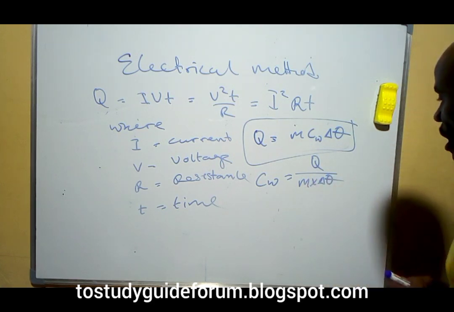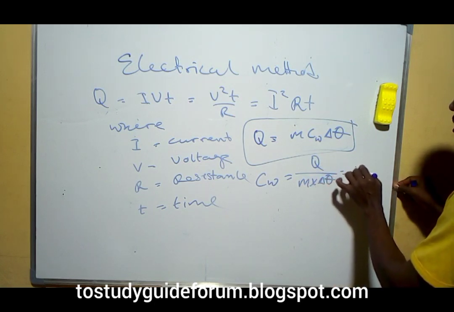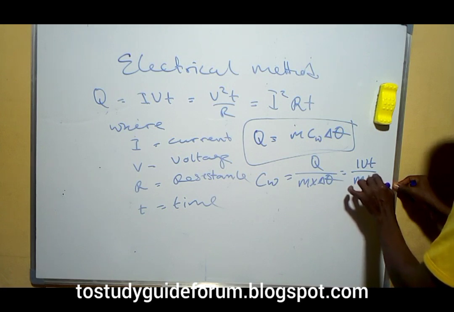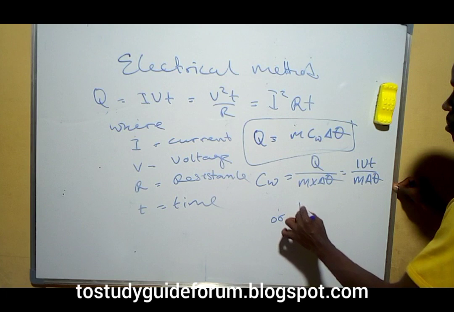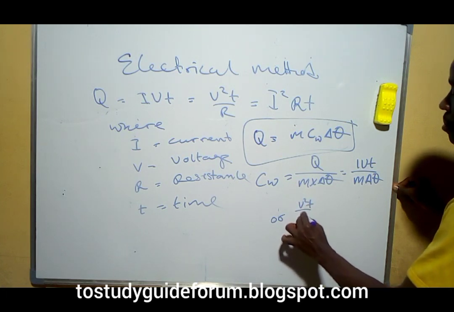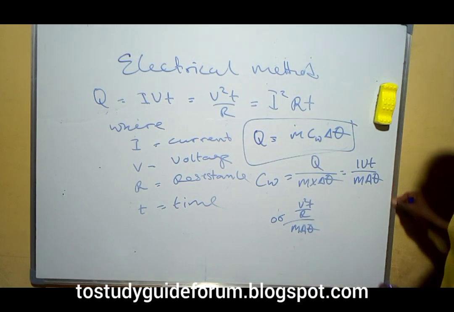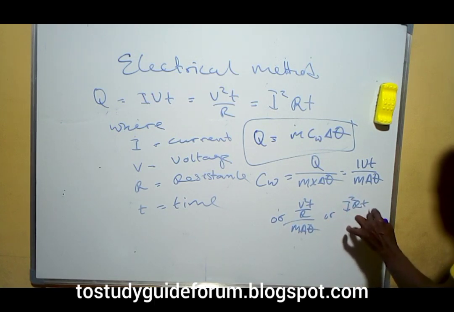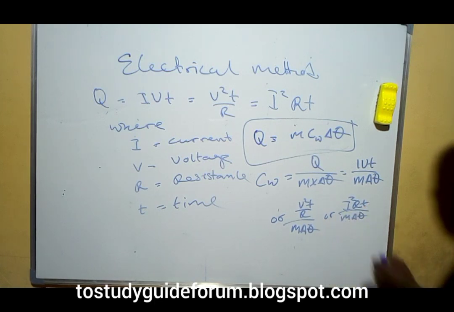So with this, you can get what you want, where this Q can be any of them. You can also look at it the other way around, and all these will arrive at the same thing.